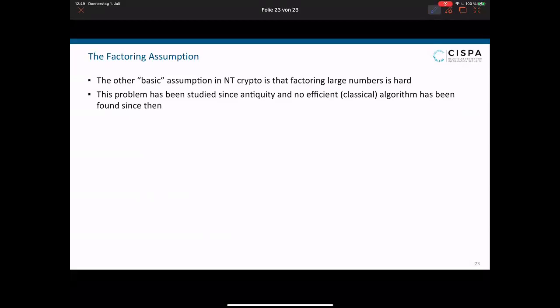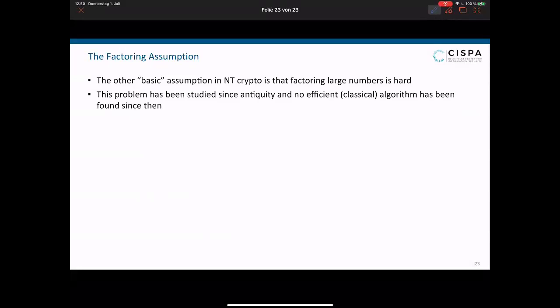I could give you some large number, which is kind of obviously a power of 2, right? This is something that can easily be detected, and factoring this is not hard. But people have been studying this problem since antiquity, right?